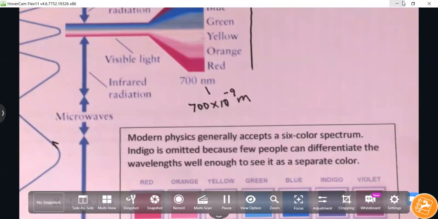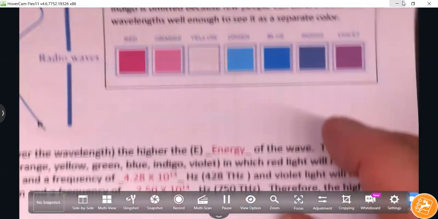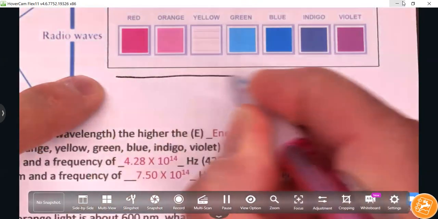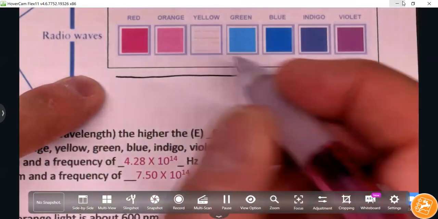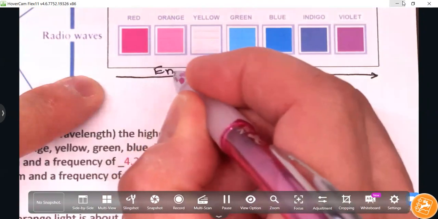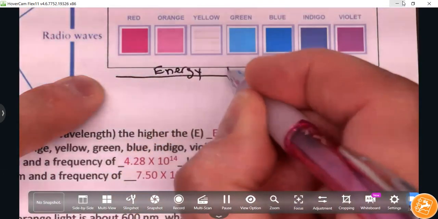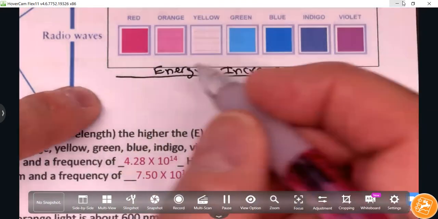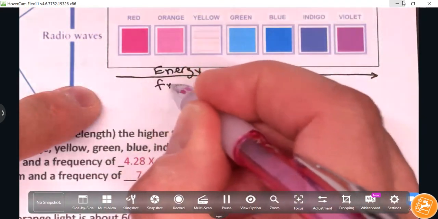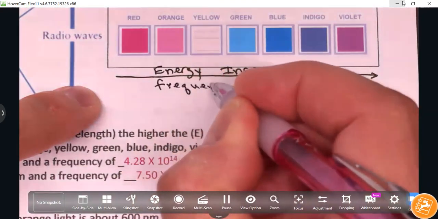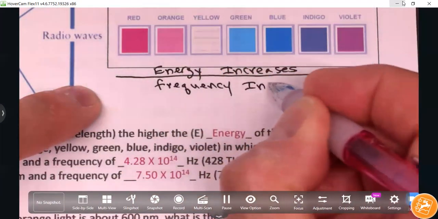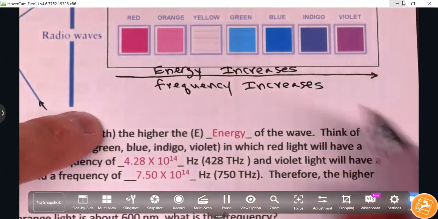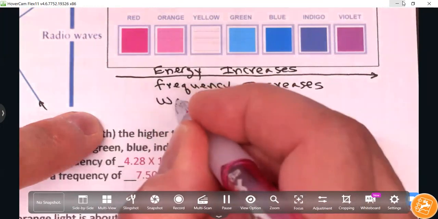So if I go this way, the same way, again, energy increases, frequency increases, and wavelength decreases.